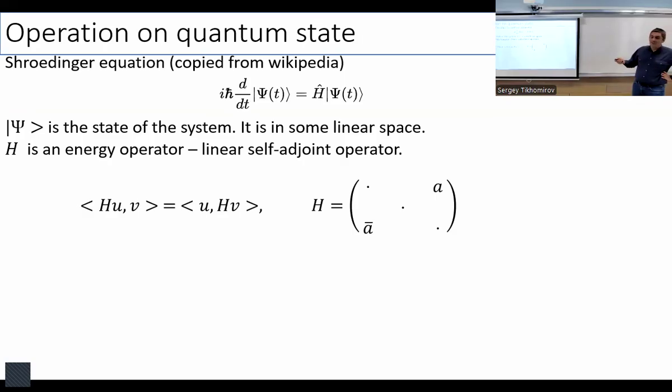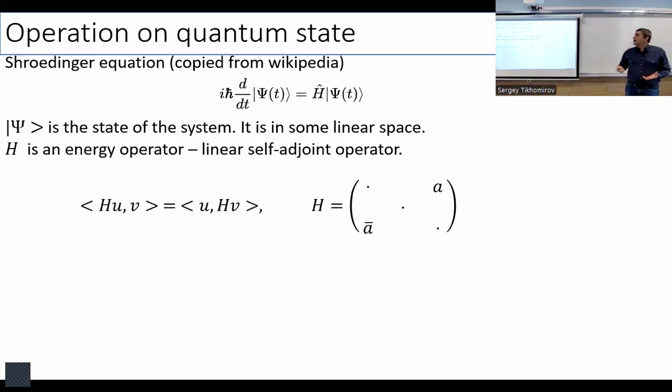All of us have heard about the Schrödinger equation. I just screenshotted the Schrödinger equation from Wikipedia. Wikipedia uses capital psi, but I use small psi, which is the state of a quantum system.